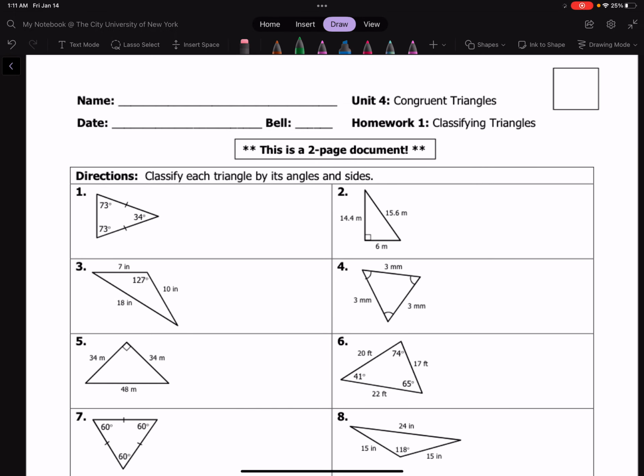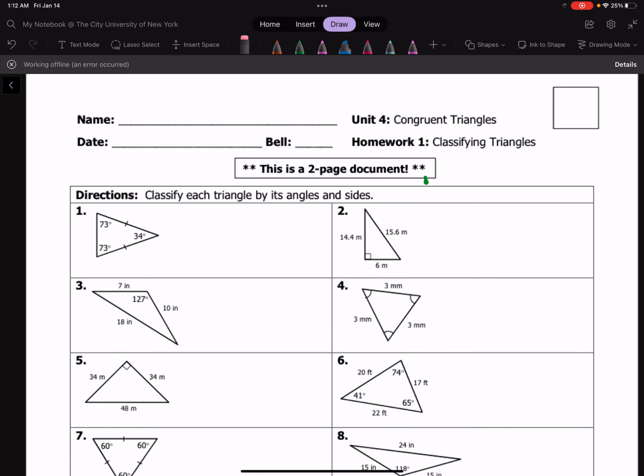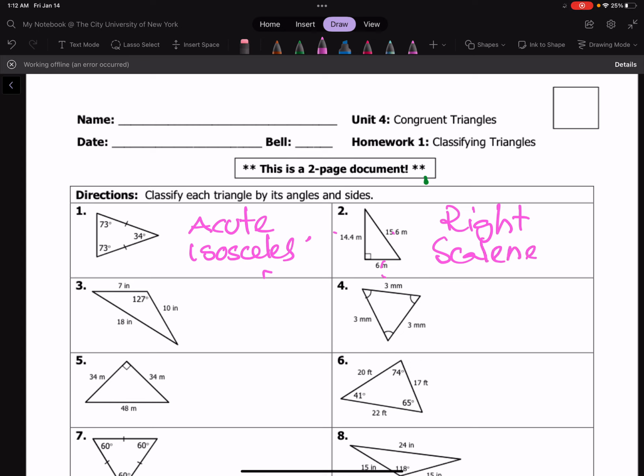And then, classifying triangles based on the angles. Two angles are congruent and two sides are congruent, so that should be your acute isosceles, because all the angles are less than 90 degrees. Next, this is a right angle, and none of the sides are equal, so right scalene triangle.